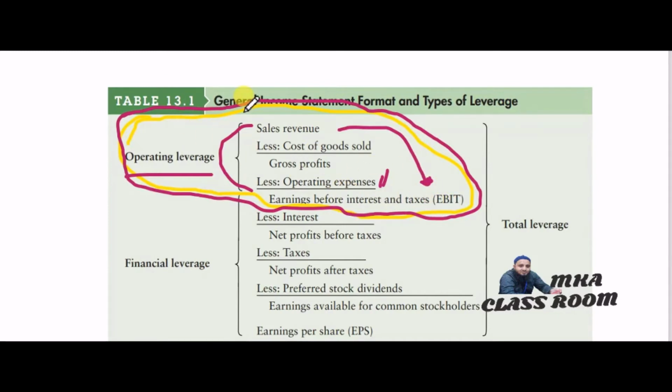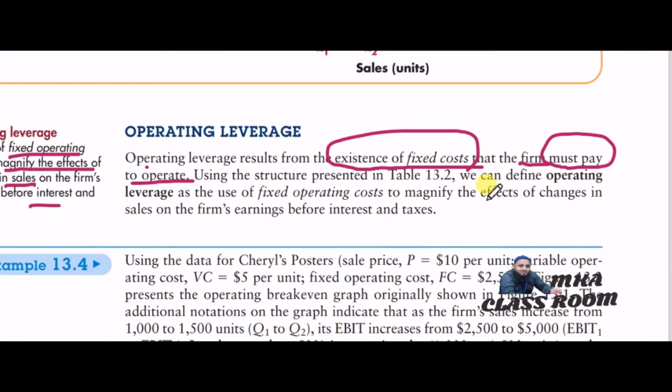Actually this is our operating leverage. So we can define operating leverage as the use of fixed operating costs to magnify the effects of changes in sales on the firm's earning before interest and taxes.